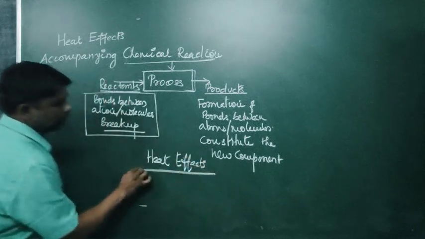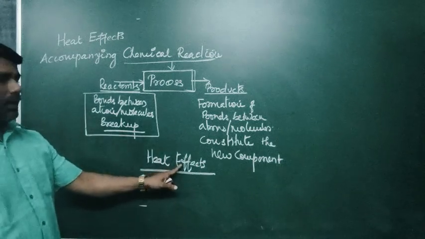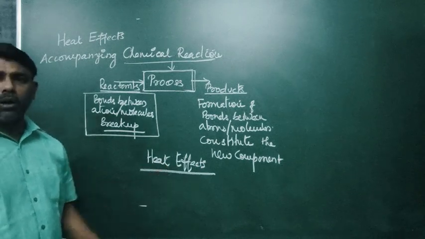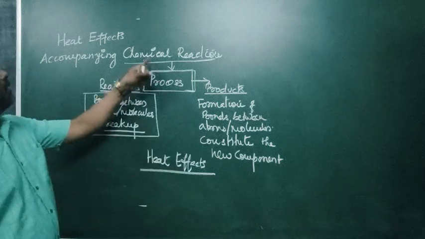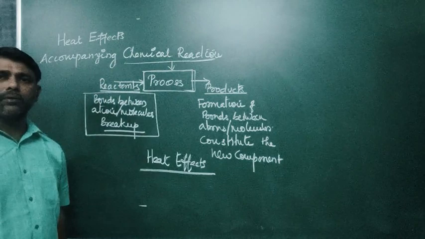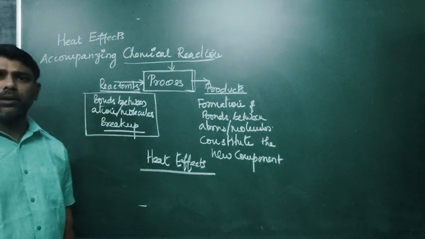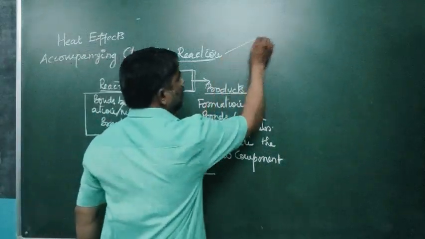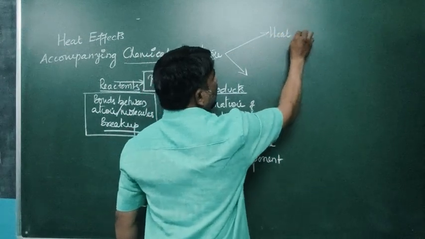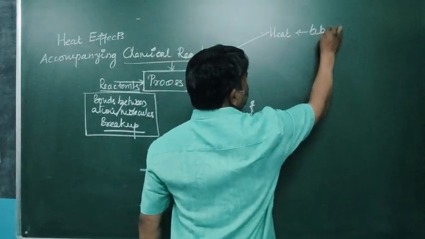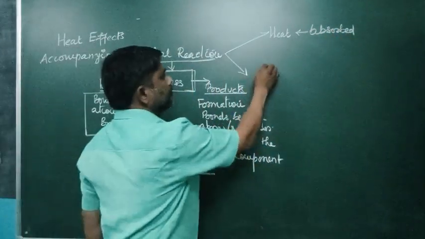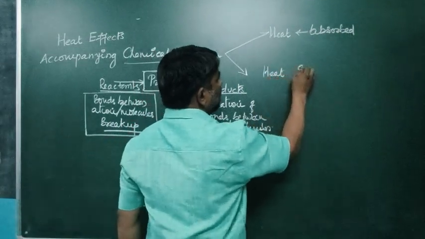So, heat effects are energy changes involved in the course of a chemical reaction in which a certain amount of heat can be absorbed or a certain amount of heat liberated, evolved.